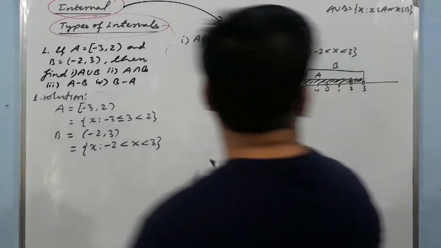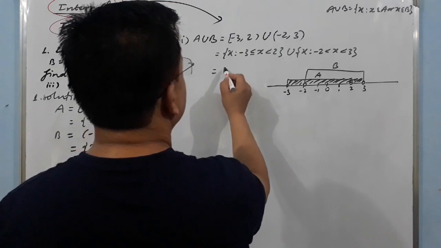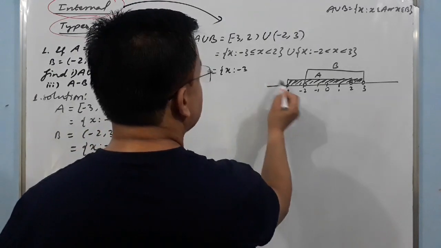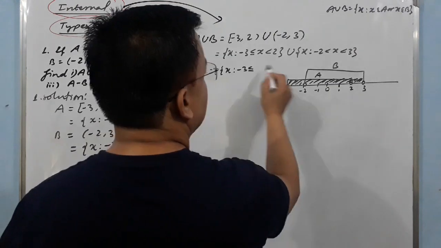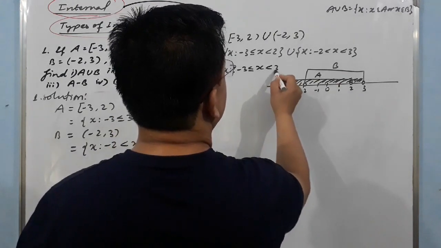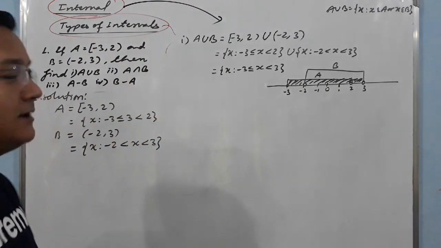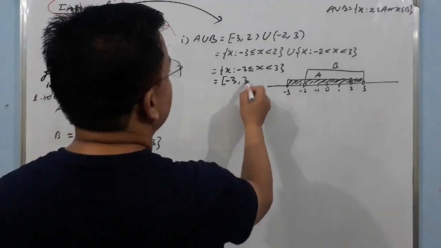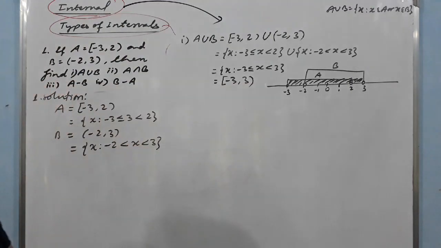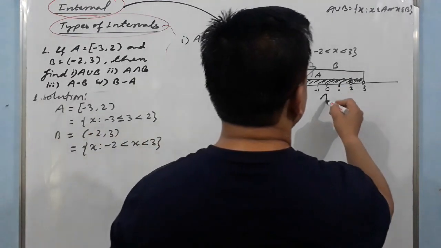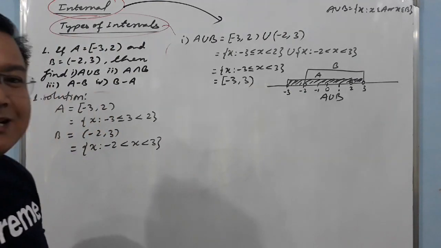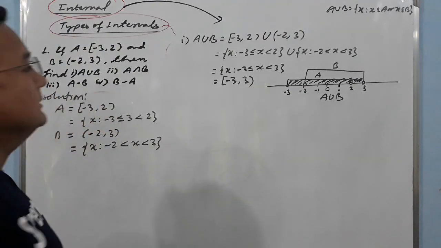So minus 3 to 3. At minus 3 there is a dark circle and at 3 it is empty, so you keep the same. Finally, in interval form, it is [minus 3, 3). This shaded portion represents your A union B. Now I think you have no problem.